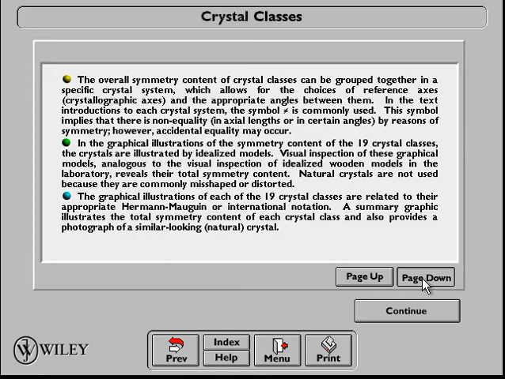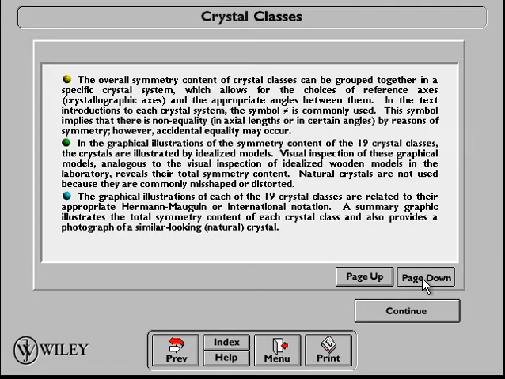In the text introduction of each crystal system, a symbol is commonly used. This symbol implies that there is a non-equality in axial length or in certain angles. By reasons of symmetry, however, accidental equality may occur.